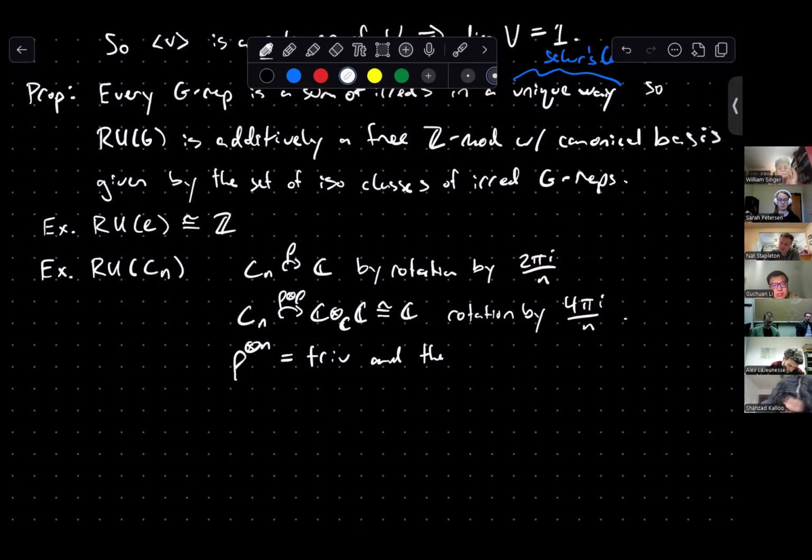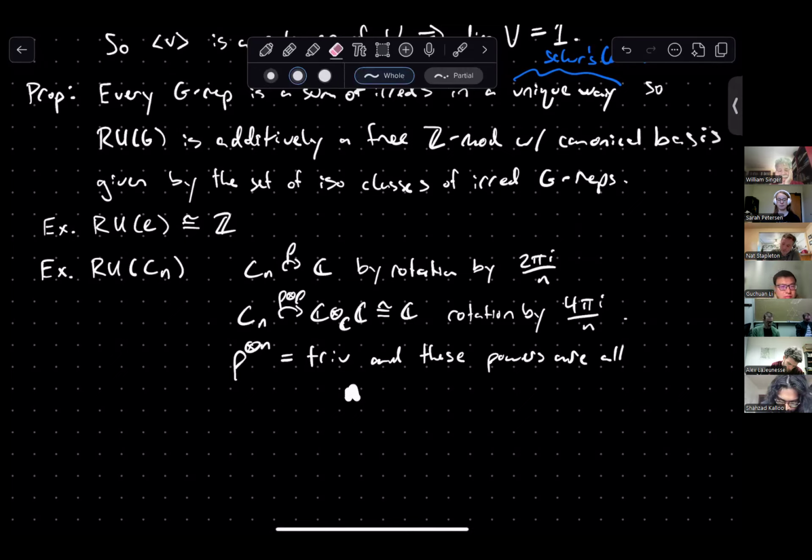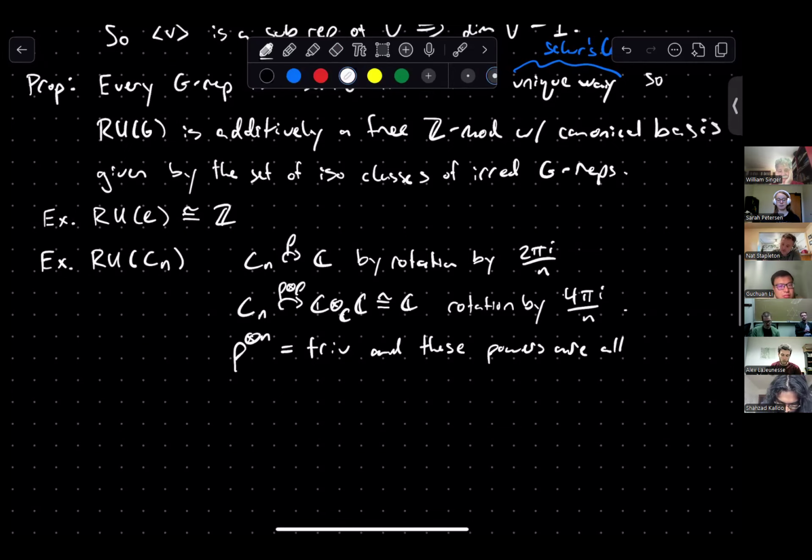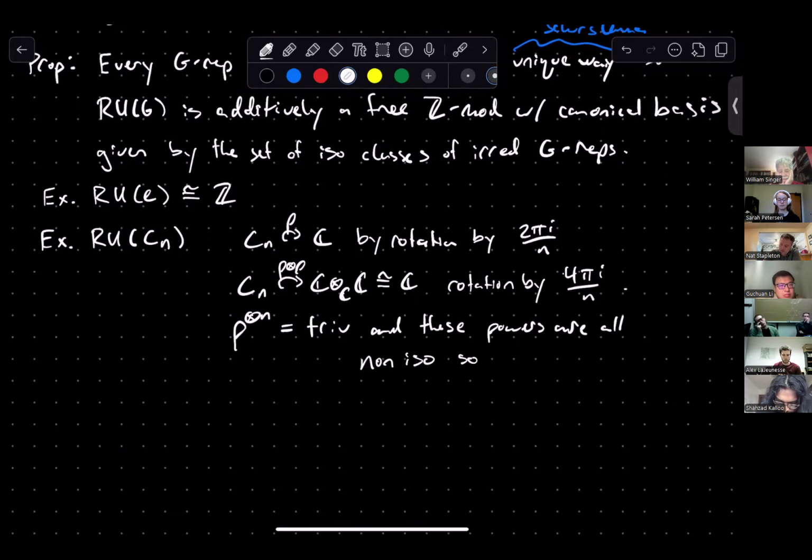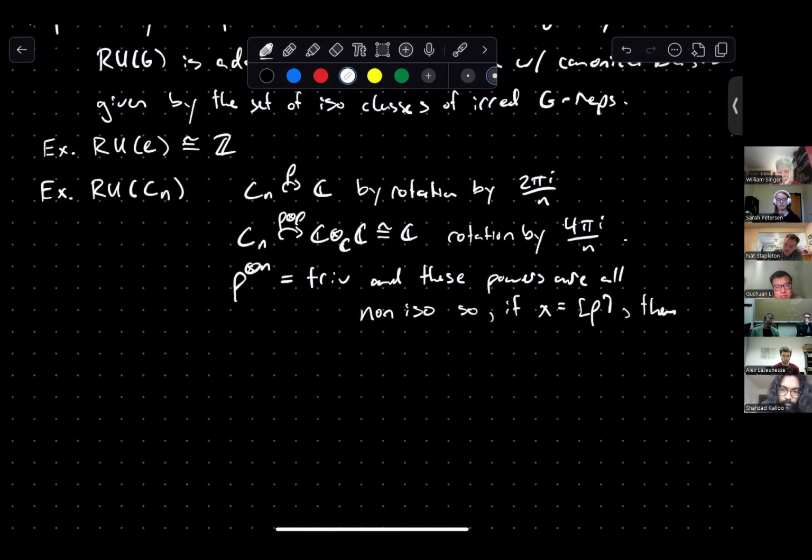So if we set X to be the isomorphism class of rho, then we have a presentation for the representation ring of Cn. It's isomorphic to Z adjoin X mod X to the n minus 1.